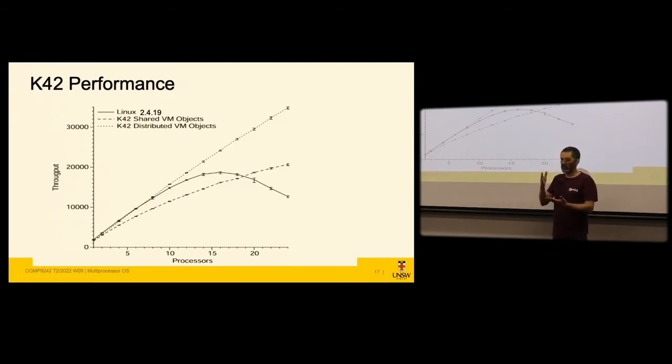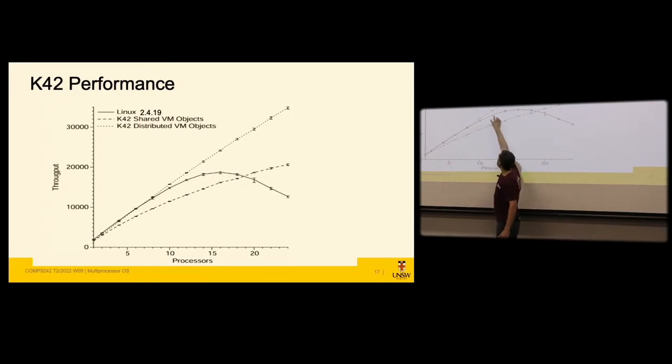So they had kind of the benefits of fine-grained objects and then the benefits of fine-grained plus distributed objects. And so what we end up seeing is for this experiment, as we scale up with a number of processors, we see Linux kind of doing pretty well and then starting to do unwell.